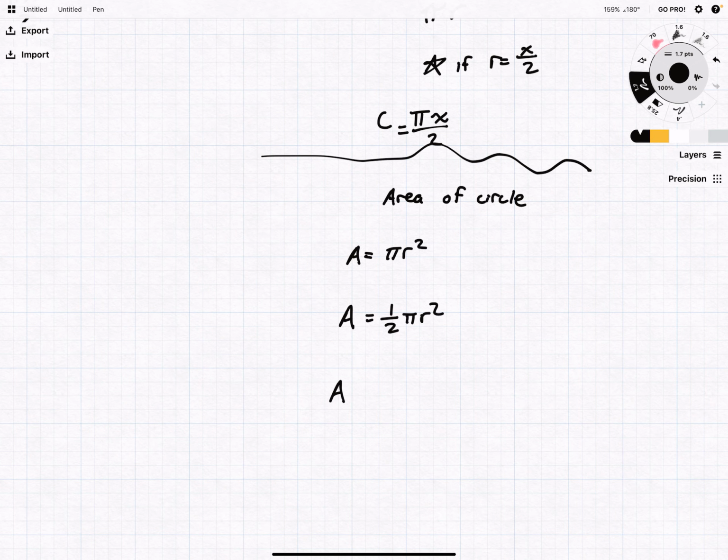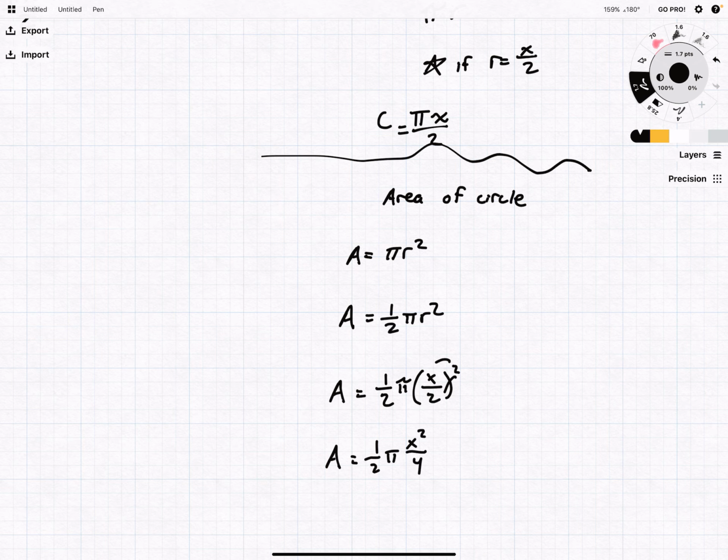So the area A is equal to 1/2 pi times x over 2 squared. Anytime we square a fraction, that power goes to both the numerator and the denominator. So now we have area equals 1/2 pi x squared over 4.